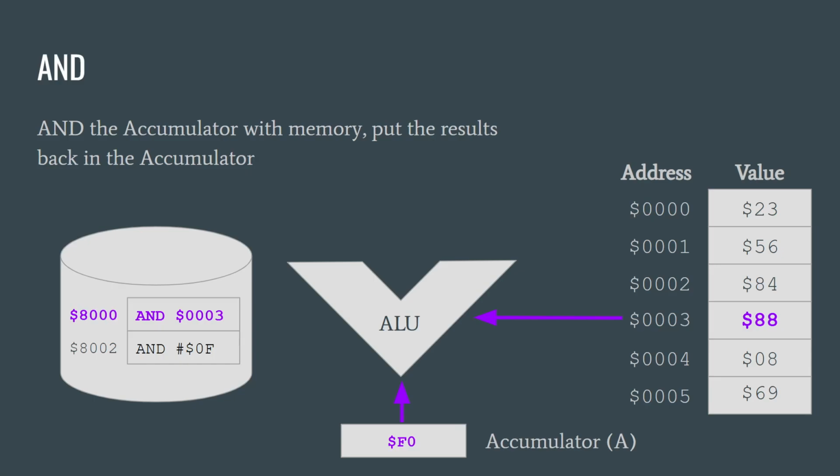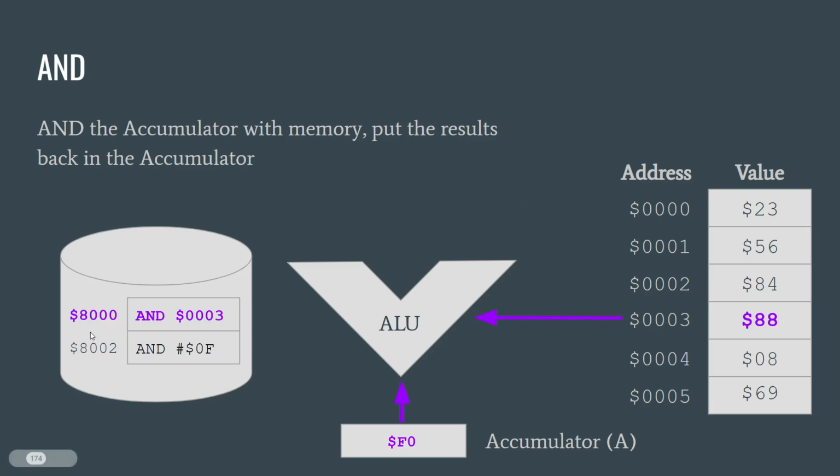So let's look at some of these instructions at work. I know we covered the logical operators, but let's look at what this looks like on the 6502. So we have an AND instruction, and what the AND instruction does is AND the accumulator with memory and put the results back into the accumulator.